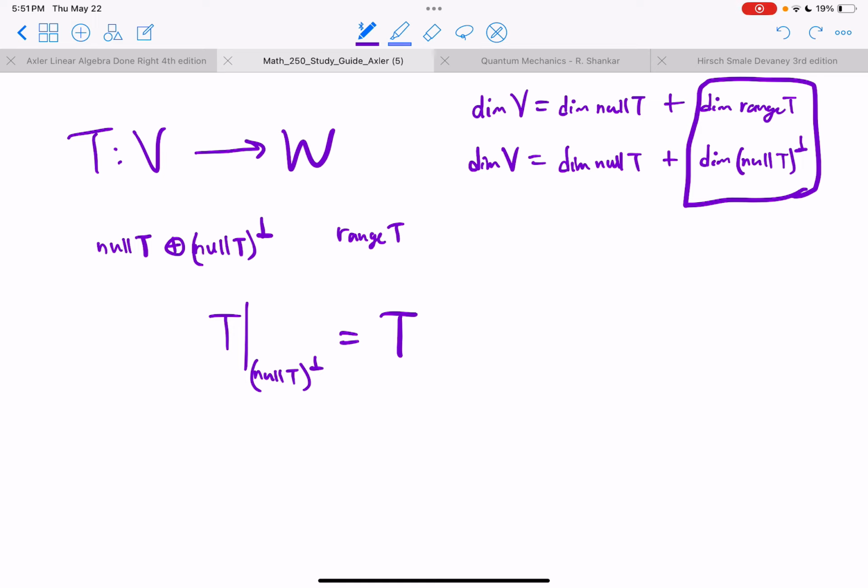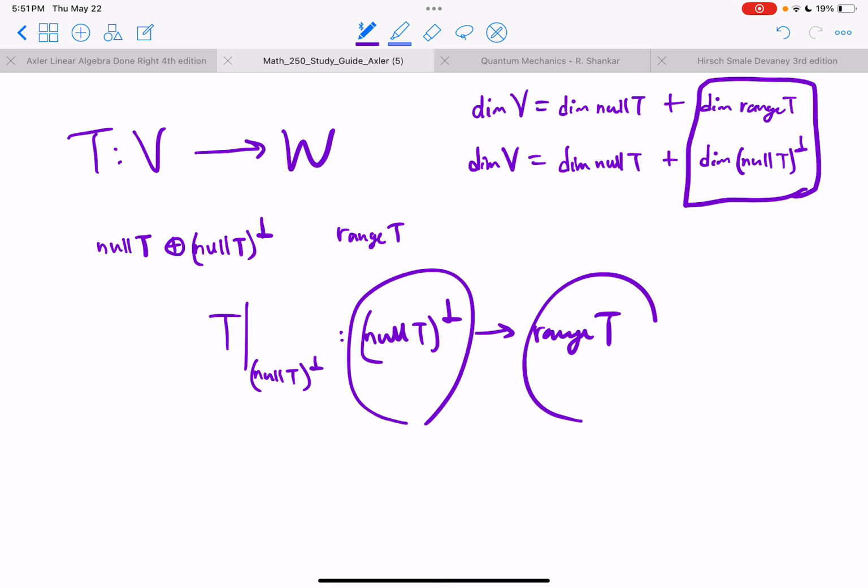Also, once you map something over, it's in the range of T. So the range of T and the range of this are the same. And so actually what we're going to see is that this thing is invertible. So first of all, this thing is a map from null T perp to the range of T. And so it's a map between two spaces that have the exact same dimension.